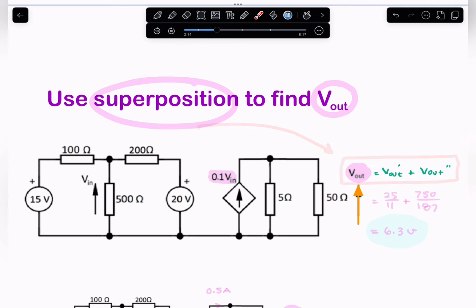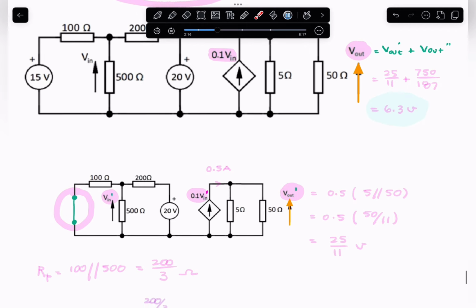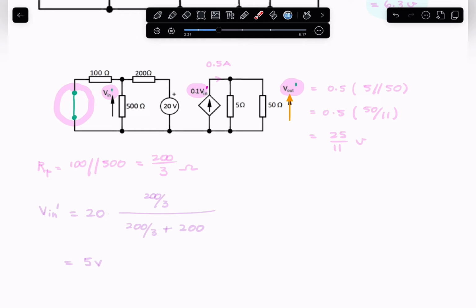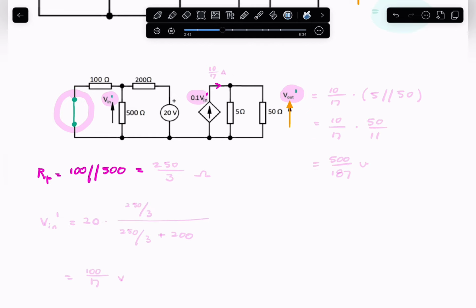So let's start by removing the first voltage source. Now, it looks like we now have the 100 and 500 ohm resistors in parallel. So our parallel equivalent of the 100 and 500 ohms is 250 over 3 ohms.